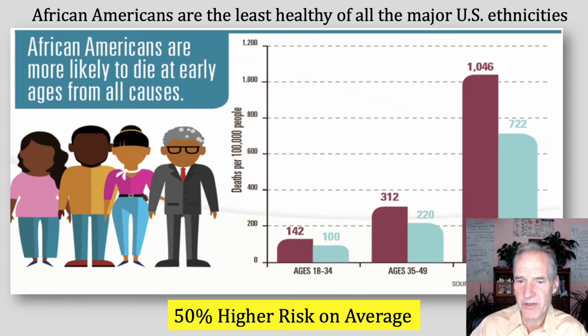Sadly, too, the same statistic holds true for early mortality, whereas African Americans basically die at 50% higher rates, regardless of age and regardless of cause. But mainly the causes are smoldering chronic conditions. So there's clearly a need for the marriage between acute care and the standard of care and chronic care and chronic disease reversal and prevention that functional medicine brings to the table.